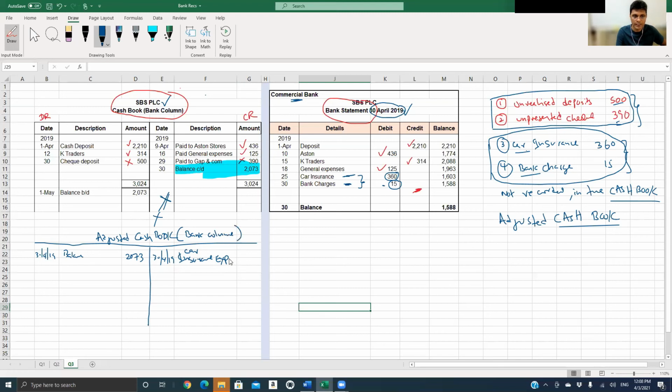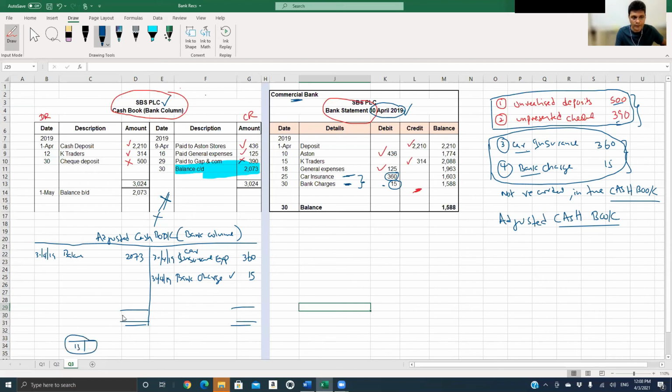So we need to pass an entry to record this 360. Then the bank charges, it's an expense, right? Yes or no? Yes. So bank charges, here you credit, and the bank charges account should be debited.